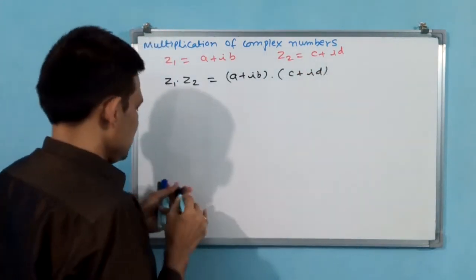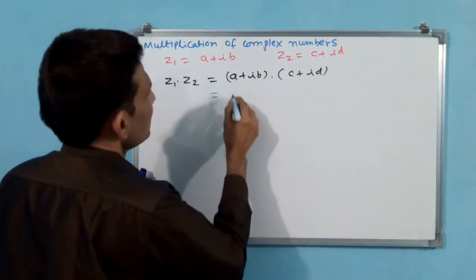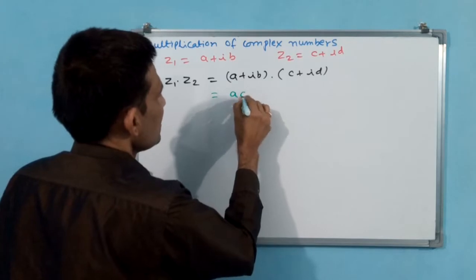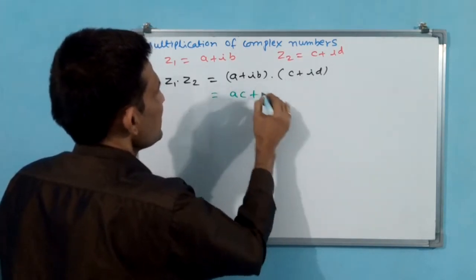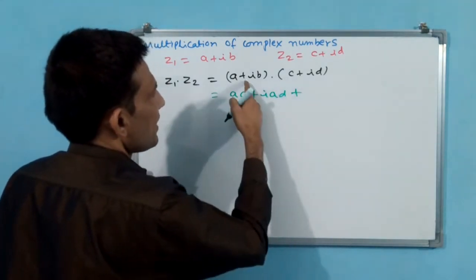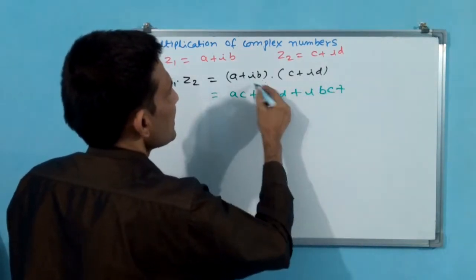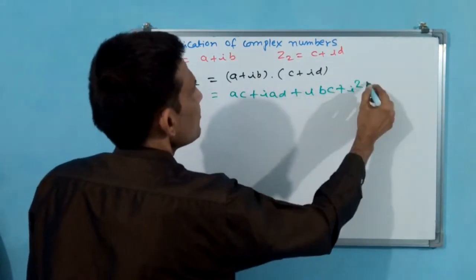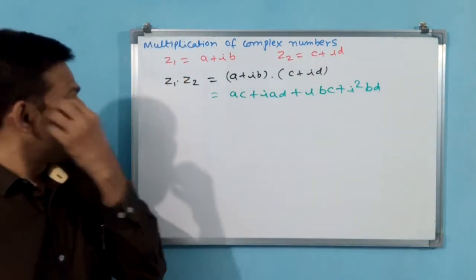That is equal to a into c, ac, plus i into ad, again plus i into bc, again plus i square into bd. First you understand this step.